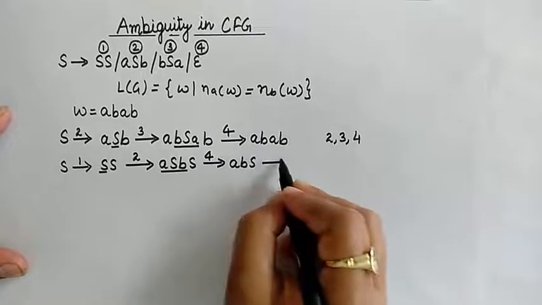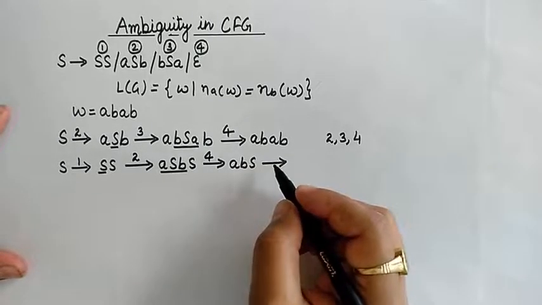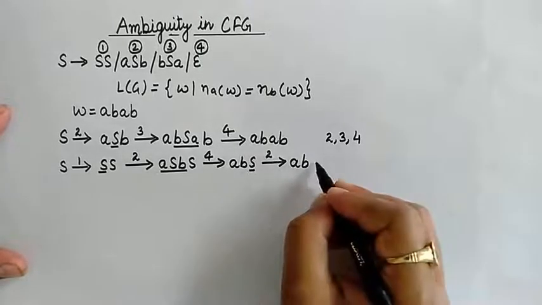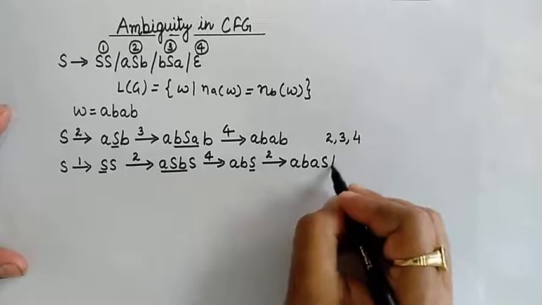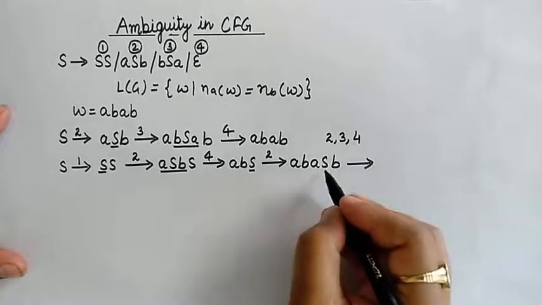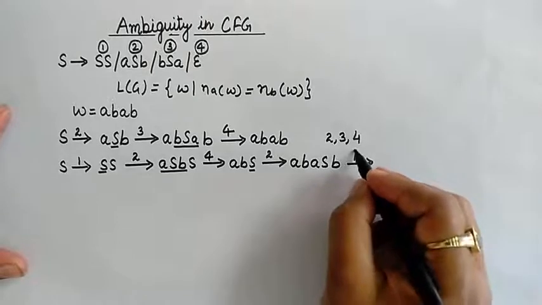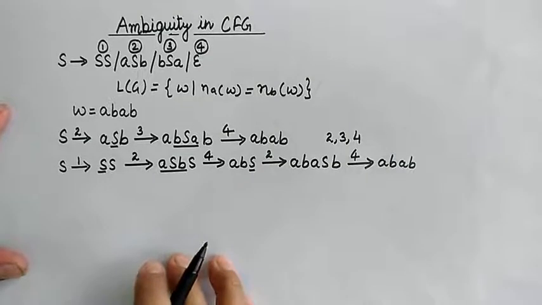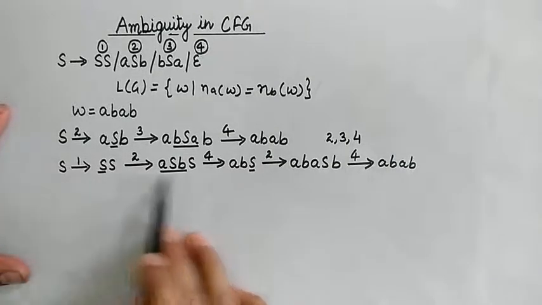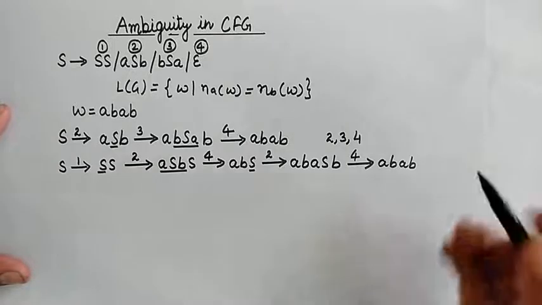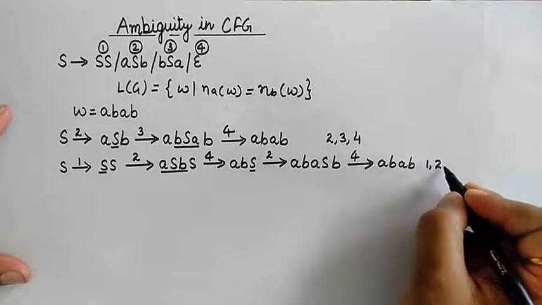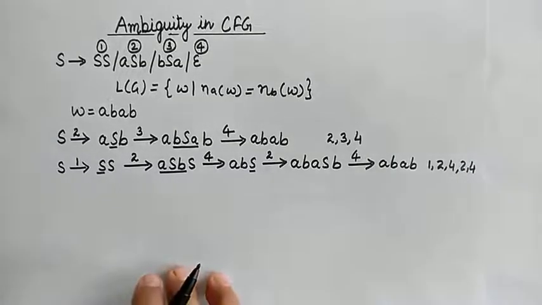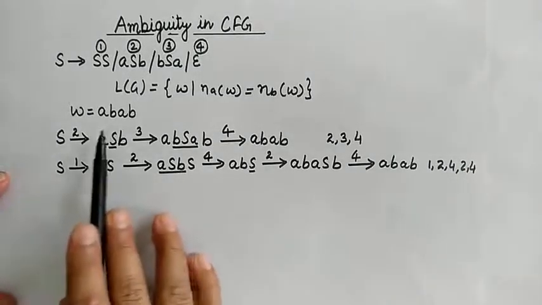So I will get this string. And again by using production number 2, this S can be replaced by ASB. And finally using production number 4, S → epsilon, I may get the desired string. So here the sequence of productions I have used is 1, 2, 4, 2 and 4. That means there are more than one ways to derive the same string from this grammar.